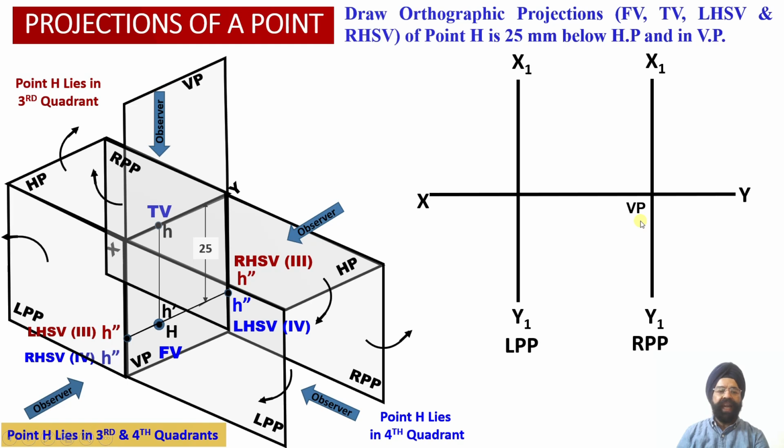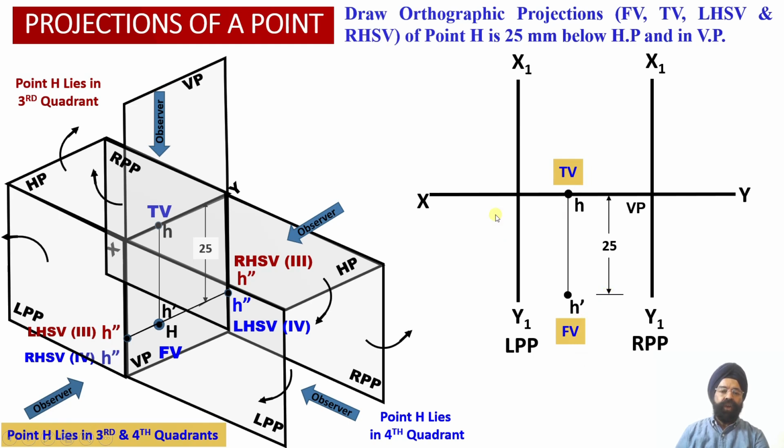Now we know that as we are going to look at this point from the front view orientation, we have obtained the front view projection H dash onto the vertical plane at a distance of 25 millimeter below the horizontal plane.